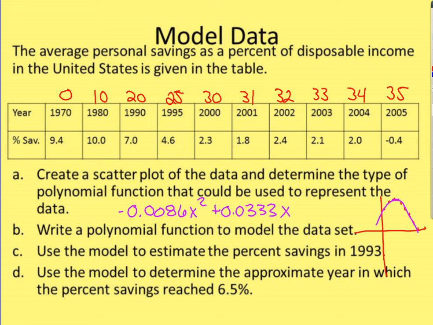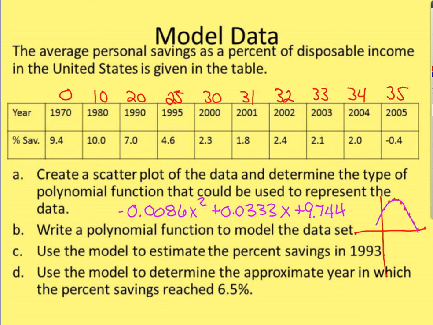And our c value is 9.744. Now this should make sense because our leading coefficient is a negative value, and this is squared. So we know that it is pointing down because it's negative, which our graph is pointing down.